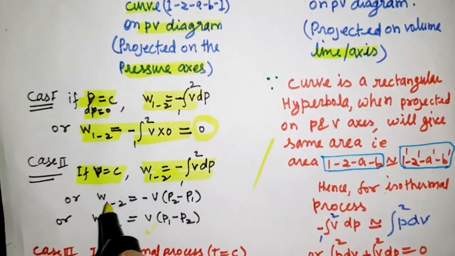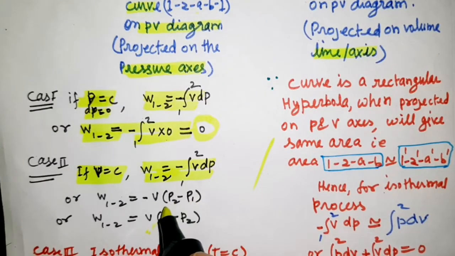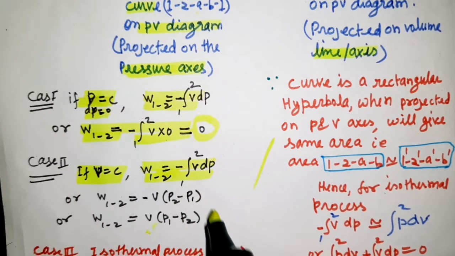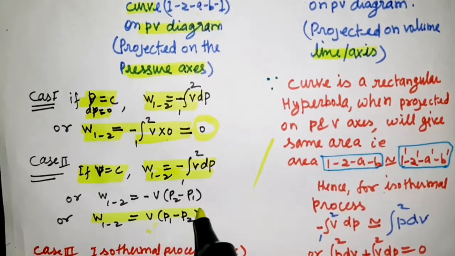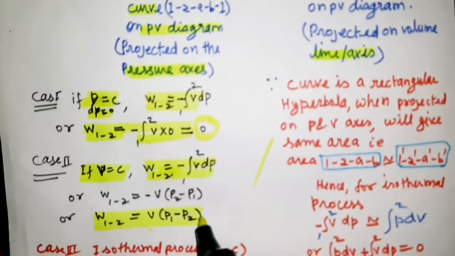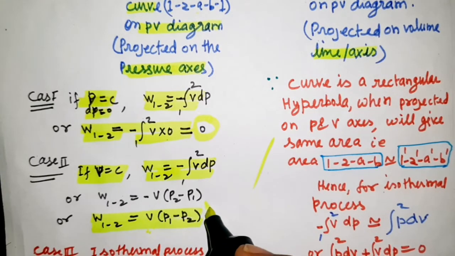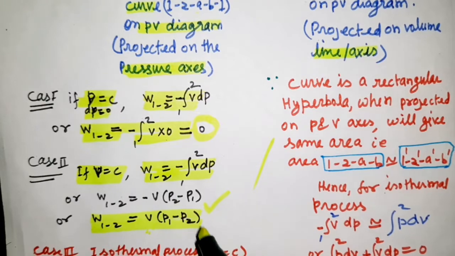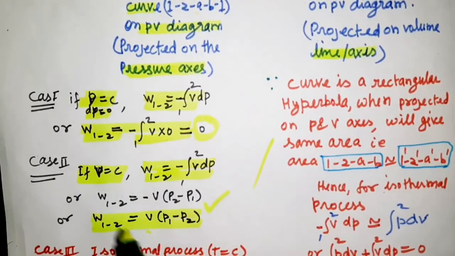This can be written as minus V (P2 minus P1), or we can say W1 to 2 is equal to V (P1 minus P2). So this is the work done for a constant volume process in an open system.